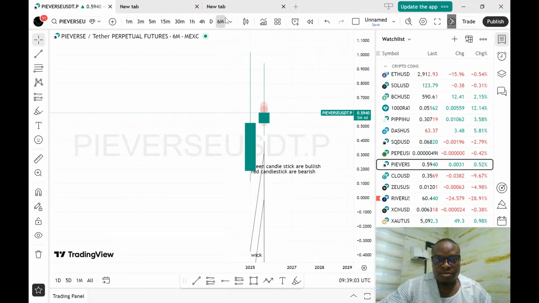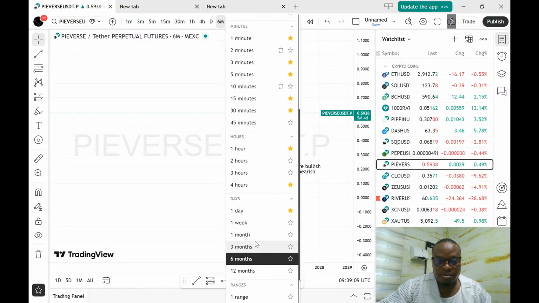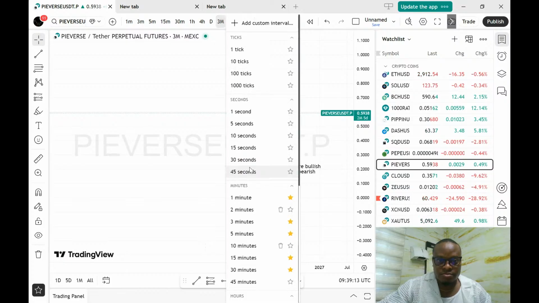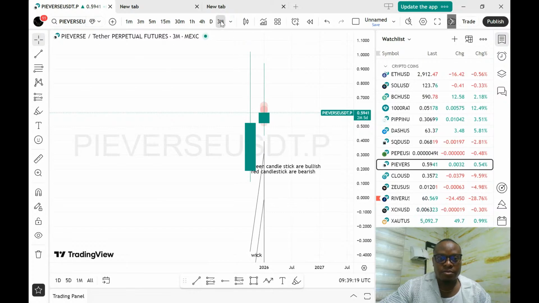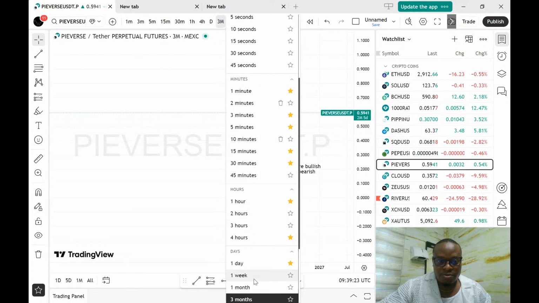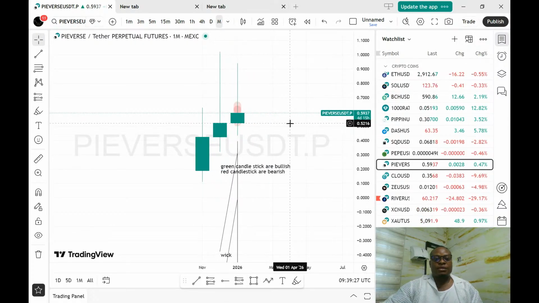Even the 6 months did not show. So let's go back to 3 months, to monthly. Good. Now, so we are back in the monthly candlestick.